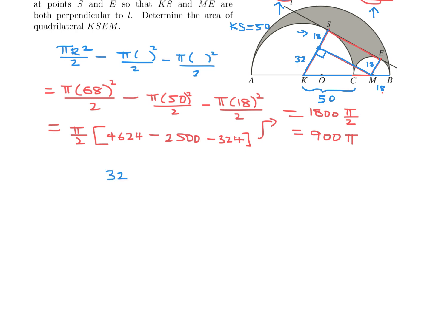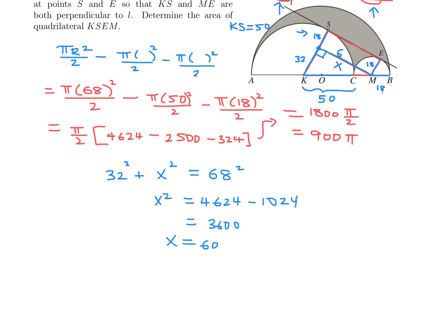So I'll just call that distance x. 32 squared plus x squared is equal to, from K to M. K to M is 50 plus 18, which is 68. Okay. So therefore, x squared is going to be 68 squared, which is 4624, minus 32 squared, which is 1024, which is 3600, and therefore x is the square root of that, which is 60. So there we go. That's 60 right there.